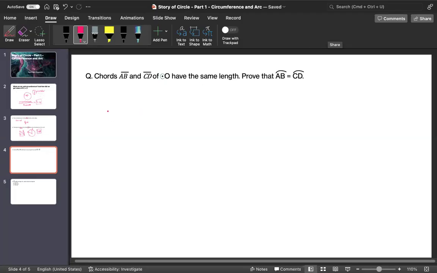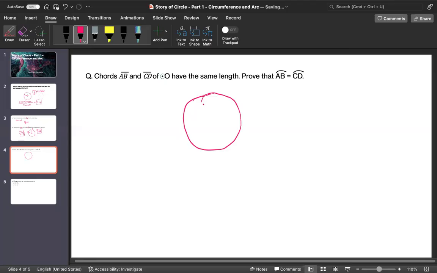Okay, next question. Chords AB and CD of circle with center O have the same length. Prove that arc AB is equal to arc CD. So we're gonna start by making a circle, because who can solve this question without making a circle?